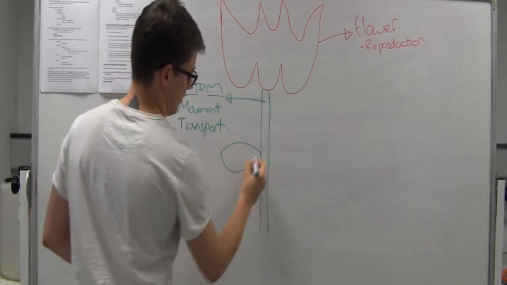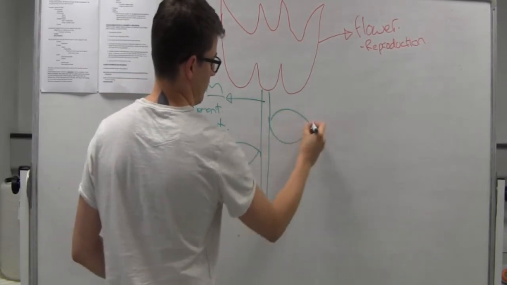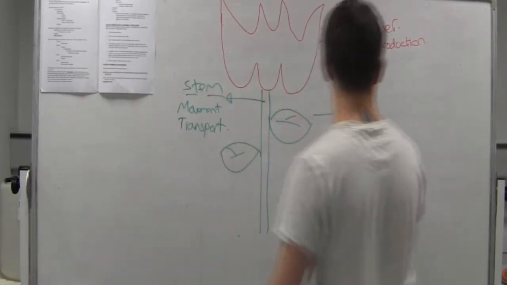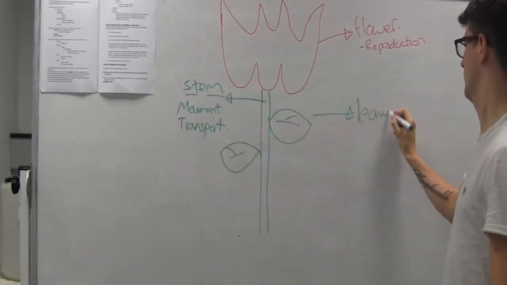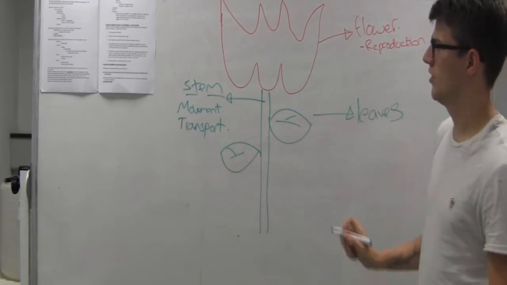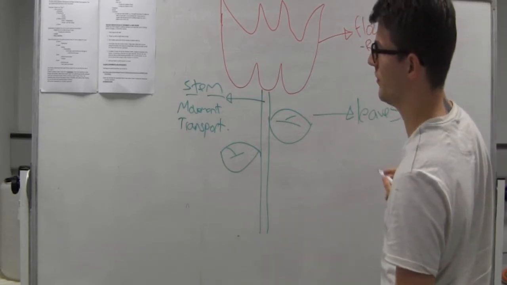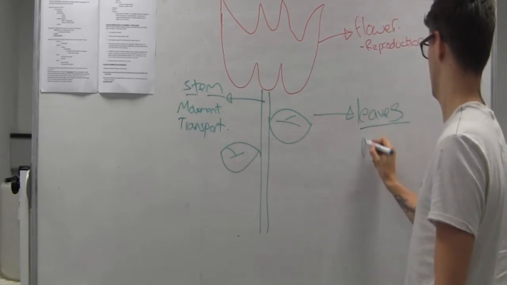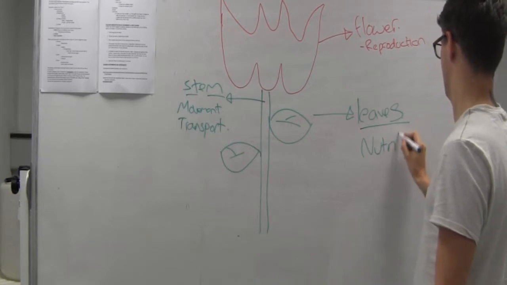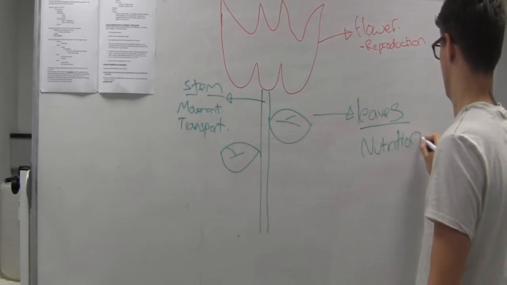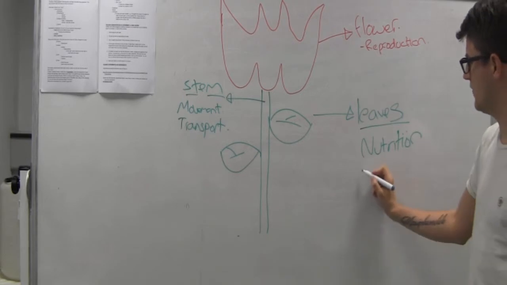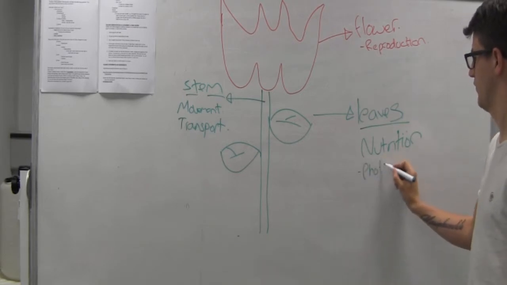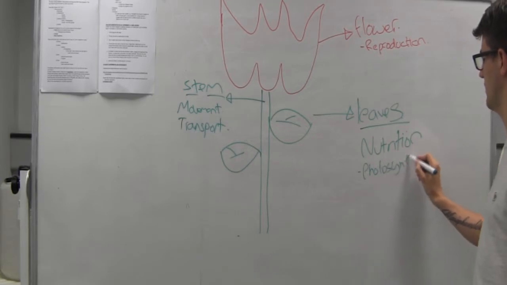You have leaves, which are important for nutrition. It's because leaves are the site, or predominant site, of photosynthesis.